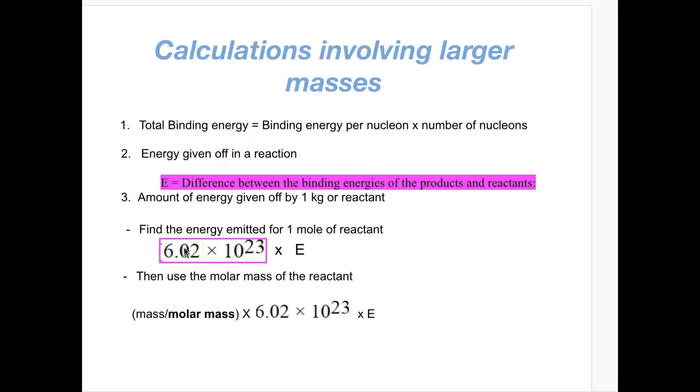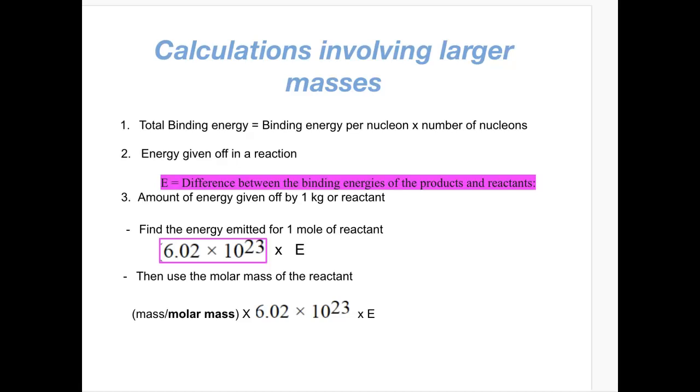And then you simply work out for the quantity in the question, how many moles fit into that mass. And you do that using the molar mass. If you work out the ratio of mass to molar mass, as it is here, then you'll know how many moles fit into your mass, right?